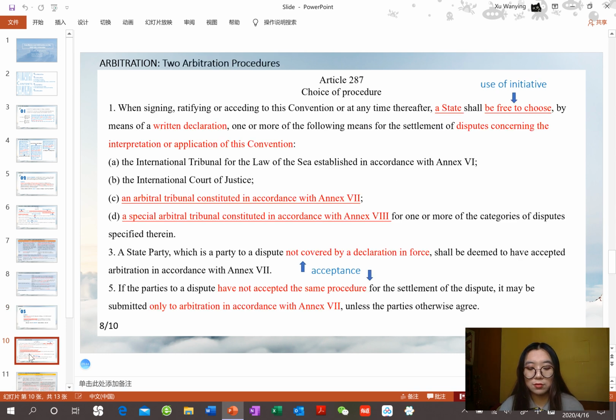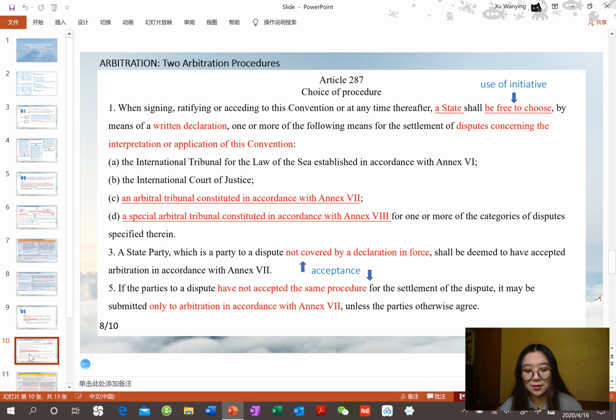There are two situations for the choice of procedure, because arbitration has a voluntary list of general arbitration and its own unique characteristics. The first case is the use of initiative. That is, a state party can choose arbitration procedures as a future dispute settlement measure by means of a written declaration.